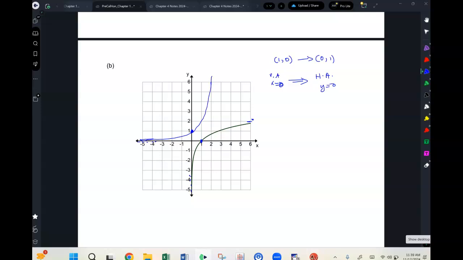That will be the inverse. And if you look around the line y equals x, that's definitely symmetric. It's kind of perfect. You know, it's good enough.